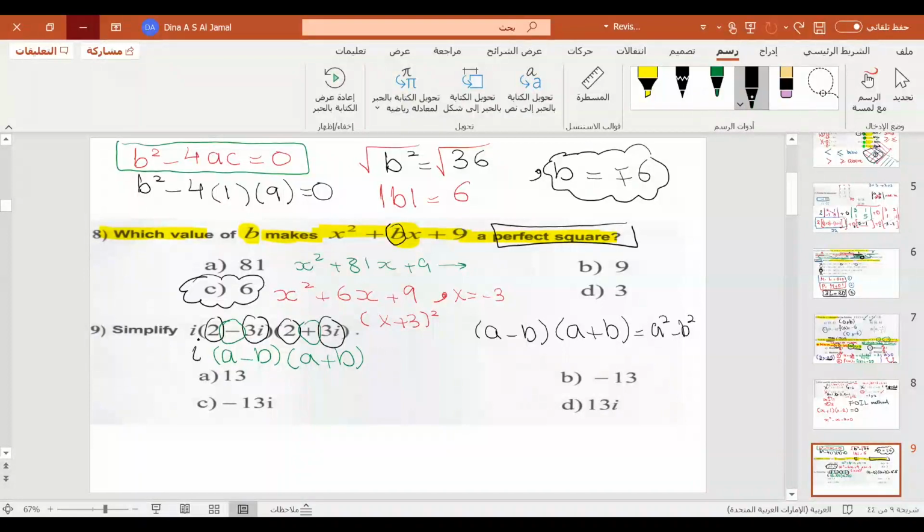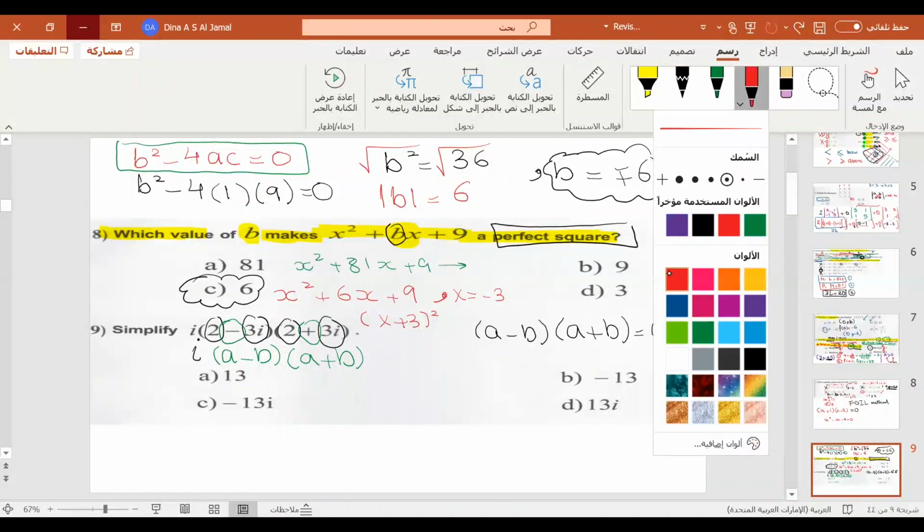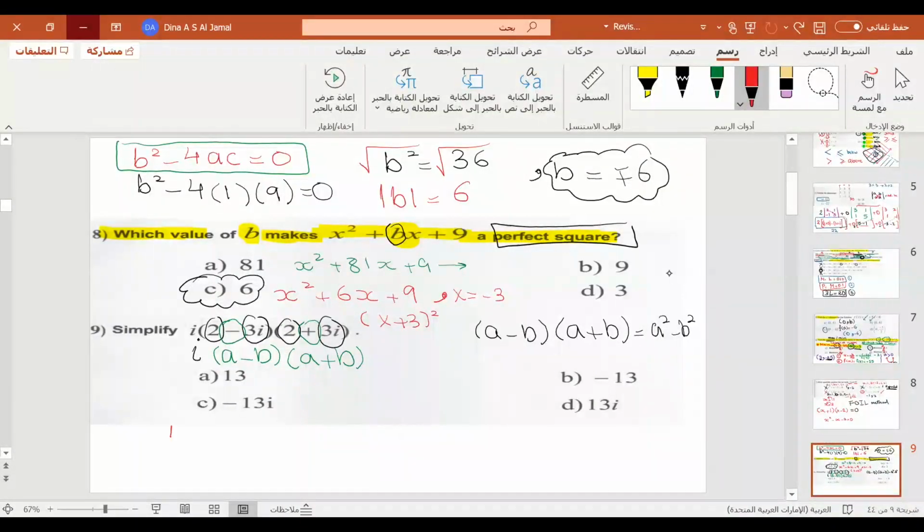So now let's see together how can I solve such a question. I will put the I as it is. Then I will take my first A and I will be squaring it: 2 squared minus 3I all squared. Now let me simplify this further. 4 minus, so let's look at this, it's 9I squared.